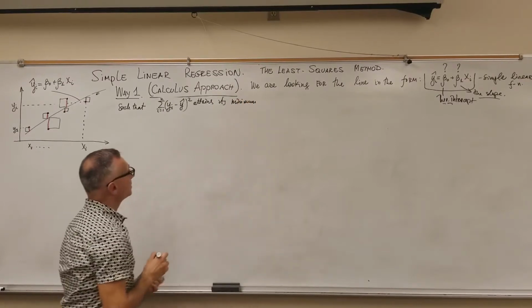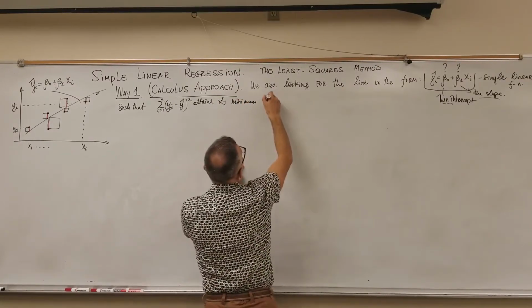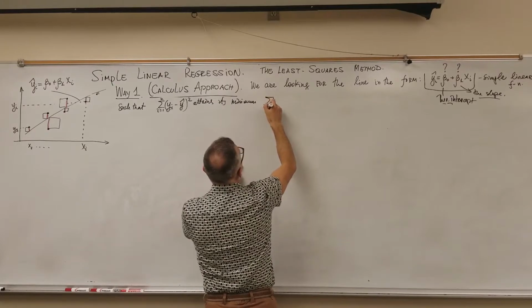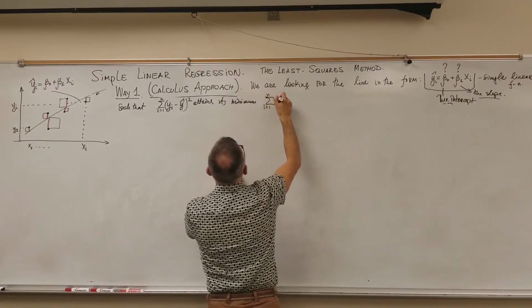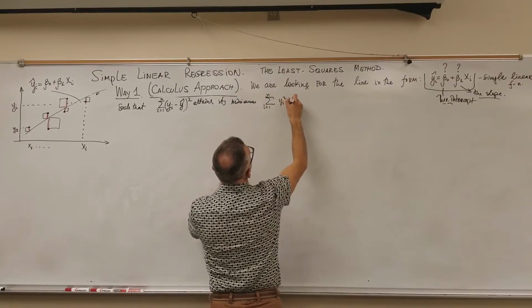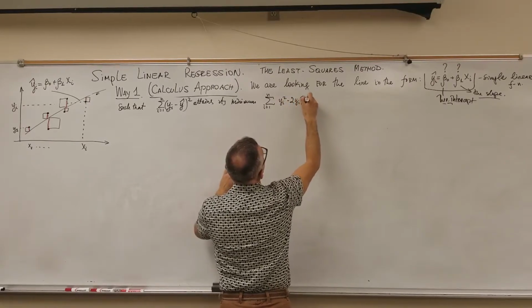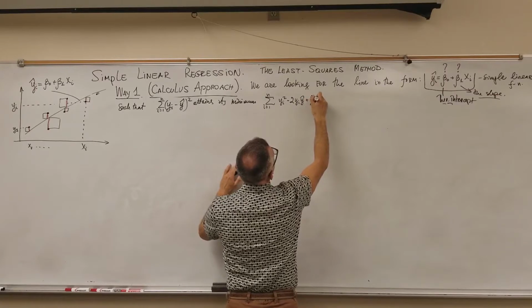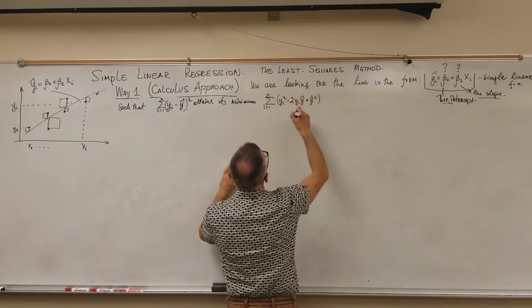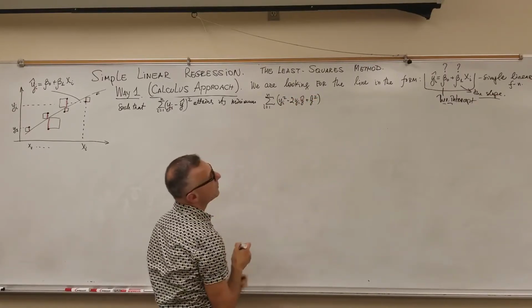In other words, the sum, i runs from 1 to n, of yi squared minus 2 yi y hat plus y hat squared attains its minimum value.